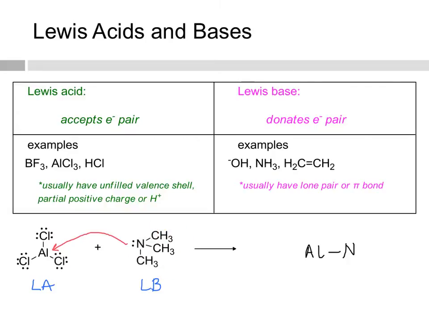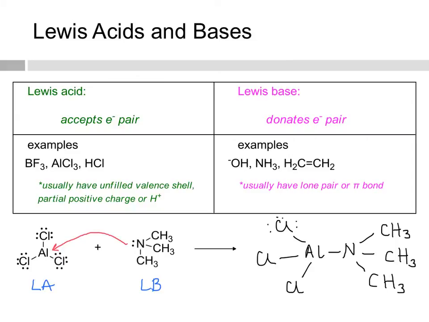So on nitrogen, we still have all those 3 methyl groups. Nothing has changed, and we know that because we didn't put any curved arrows. So it's got our 3 methyl groups, and on aluminum we have 3 chlorines. When you're starting off, I recommend that you fill in all the lone pairs just so that you can keep track of where they're at.